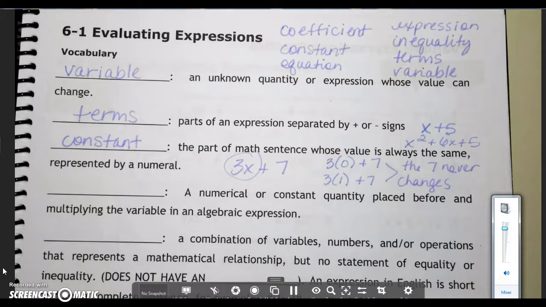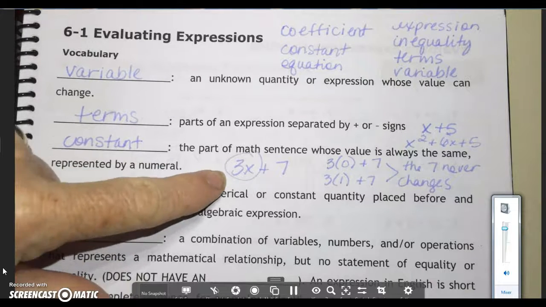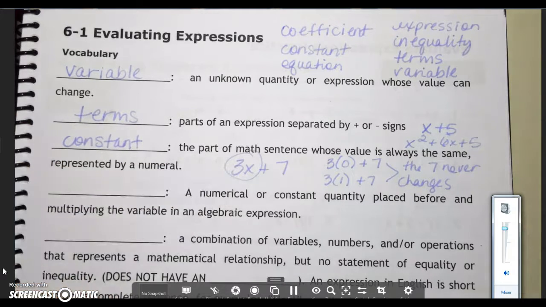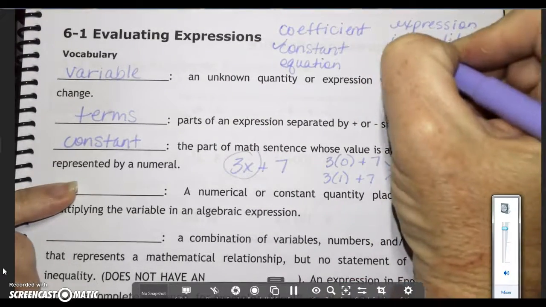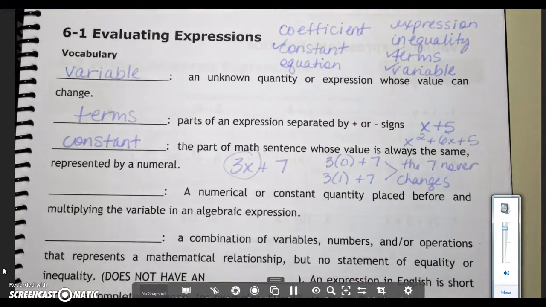Okay? Sean Benham. A numerical or constant quantity placed before and multiplying the variable in an algebraic expression. So this 3 would be one of those. What's that number in front of a variable called? The number in front of the x. It's got a name. So let's cross out what we've already used up here. We've used constant, variable, and terms.